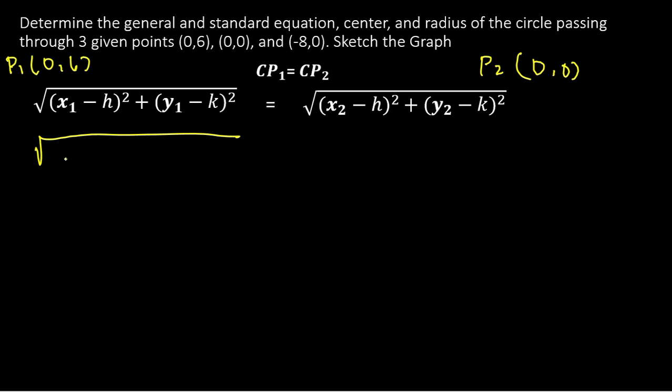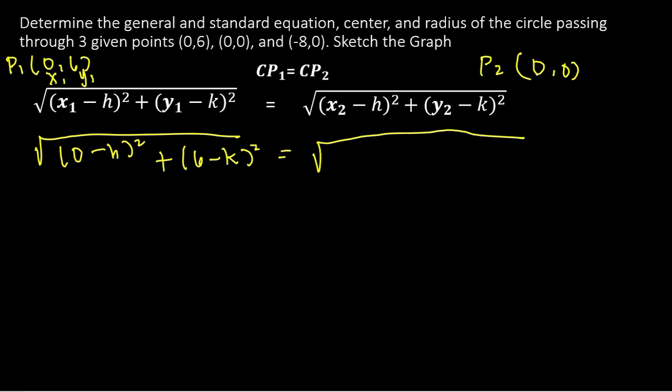The square root of (0 minus h) squared, where 0 is your x sub 1 and 6 is your y sub 1, plus (6 minus k) squared is equal to, now let's move with our point 2. 0 is your x sub 2 and this one is your y sub 2. So we will have (0 minus h) squared plus (0 minus k) squared.